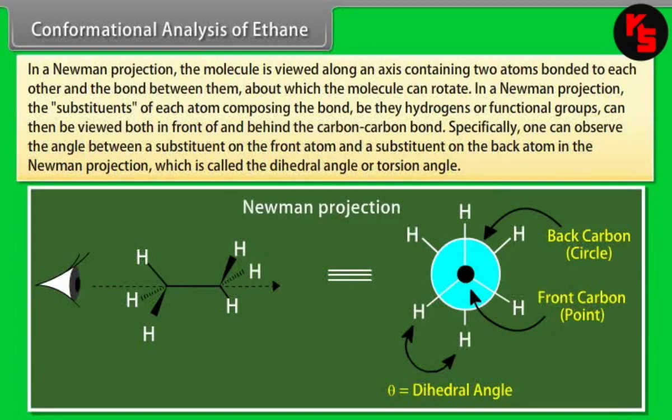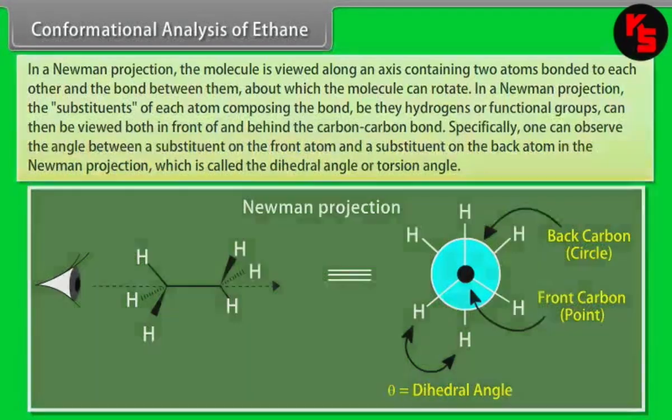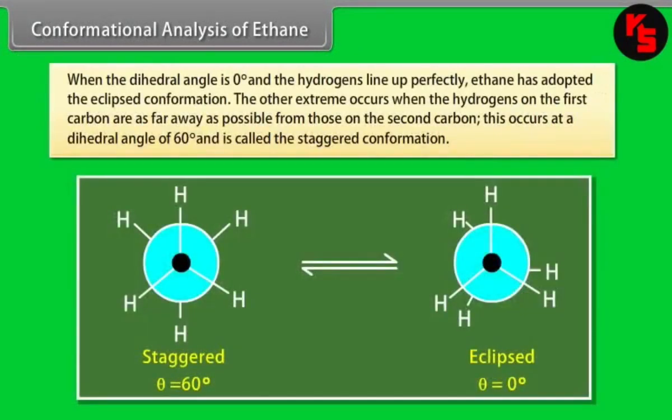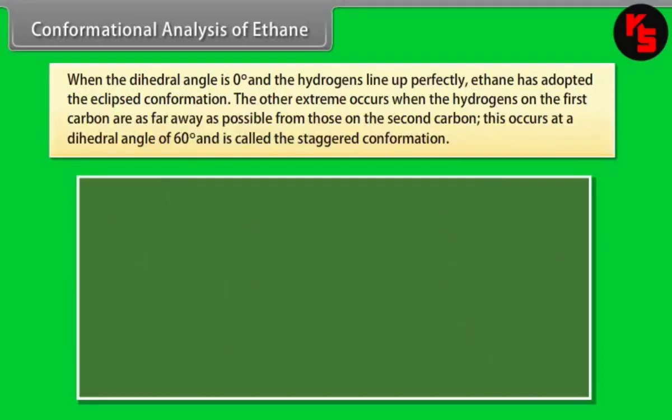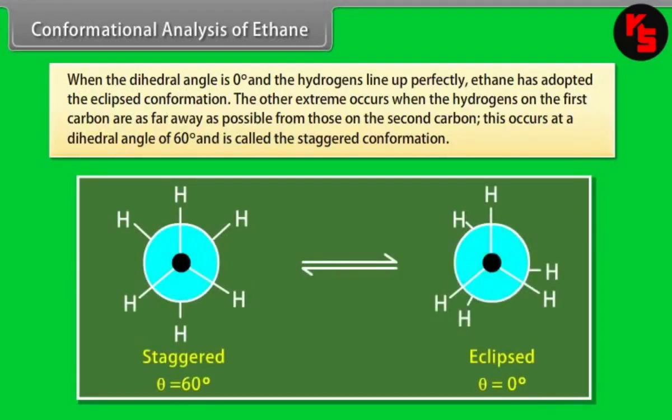In ethane specifically, we can imagine two possible extreme conformations. In one case, the dihedral angle is 0 degrees and the hydrogens on the first carbon line up with, or eclipse, the hydrogens on the second carbon. When the dihedral angle is 0 degrees and the hydrogens line up perfectly, ethane has adopted the eclipsed conformation. The other extreme occurs when the hydrogens on the first carbon are as far away as possible from those on the second carbon.